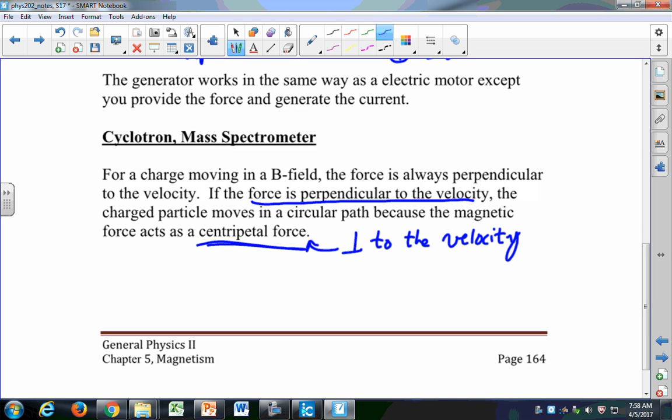Right? We saw centripetal force is like a ball on a string. You spin it around. It doesn't change the velocity or the speed of the ball. It only changes the direction of the velocity. And so magnetic forces are similar.